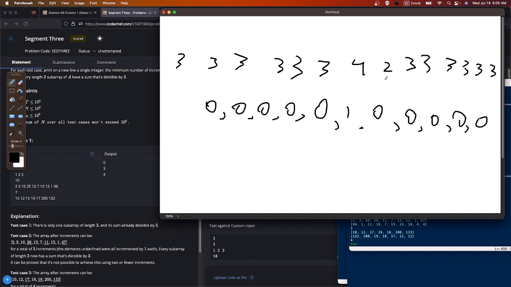So in here what we did is this goes to a 6, so that turns this one into a 0.